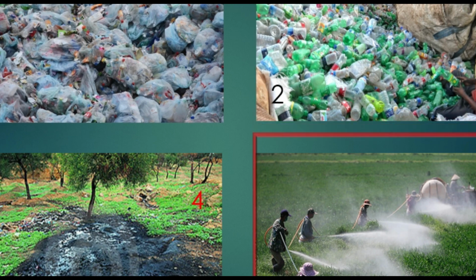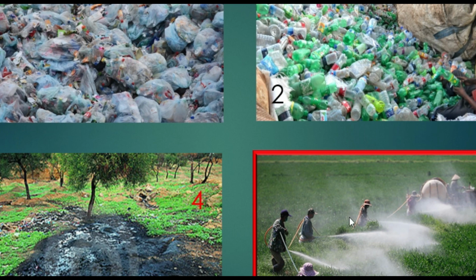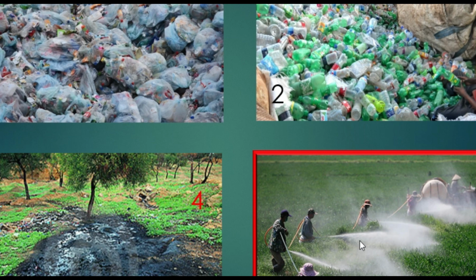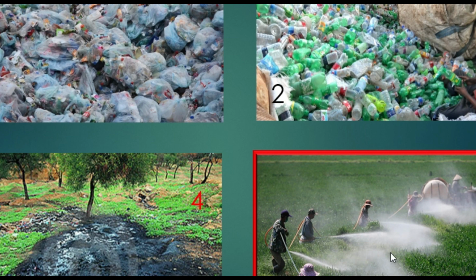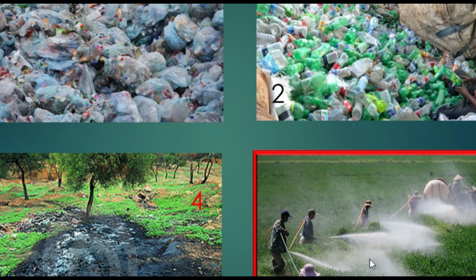In the next picture we see about 6 or 7 people spreading fertilizers in the field, in the vegetable field or paddy field. They are also polluting the environment because these chemical fertilizers mixing with the land make the soil polluted.